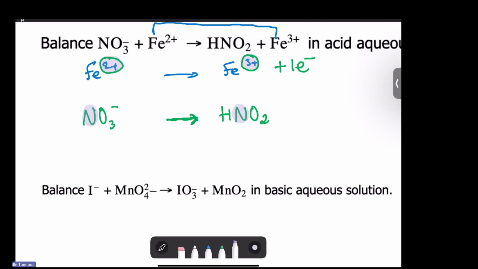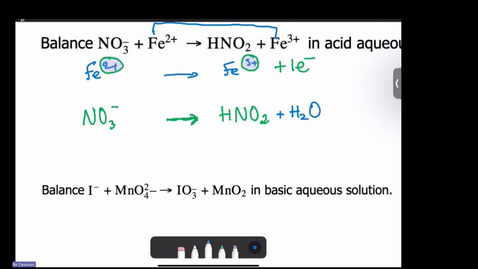Then you balance the O by adding H2O on the side that needs O. Here I have oxygen 3 and I have 2. So here I am missing one more oxygen. So I add H2O to balance the oxygen.